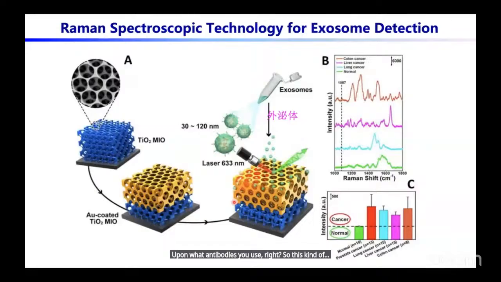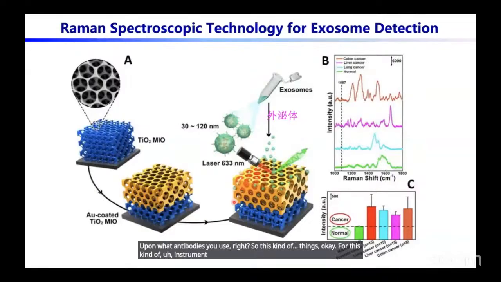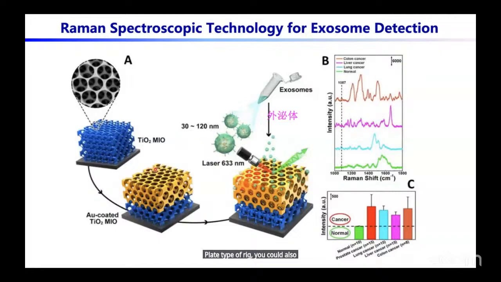For this kind of equipment or apparatus development, you can not only develop the plate type of array, you could also develop three-dimensional nano structures that can hold the exosomes.